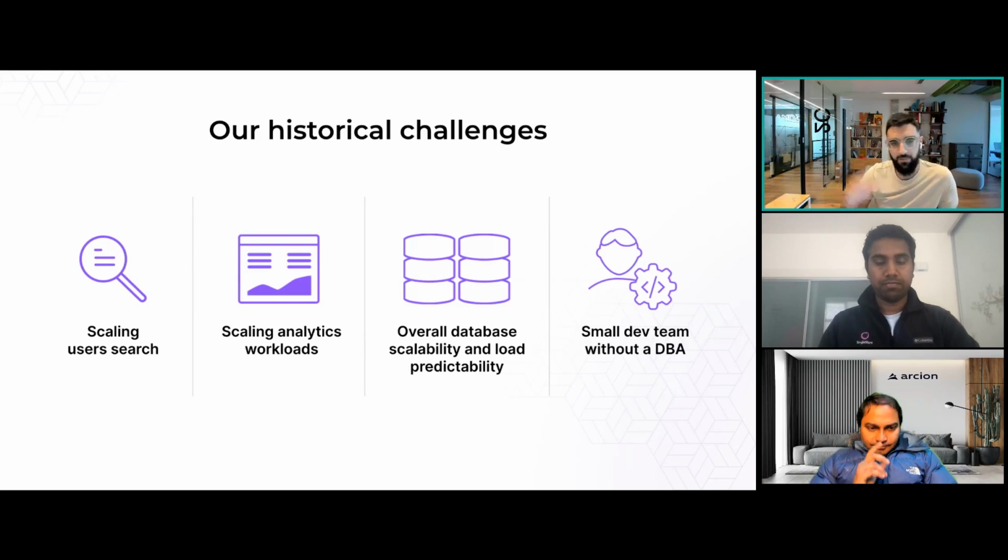Even if you use a third-party analytics tool, you reach a point where you need your own data and you need to query it in very specific ways, and it can be challenging doing that at scale. But also overall database scalability, low predictability, and cost predictability. Of course, the idea is to not have to run a database or cluster many times bigger than what you need to be able to handle spikes.